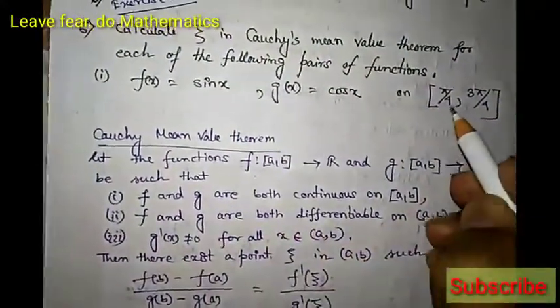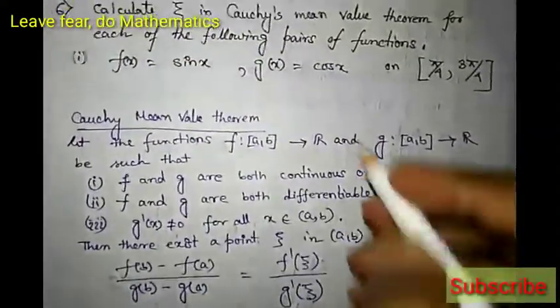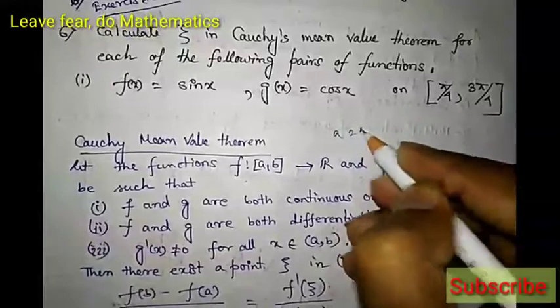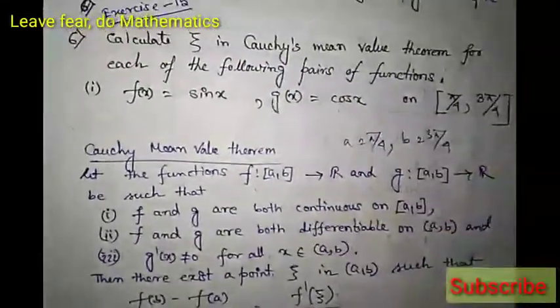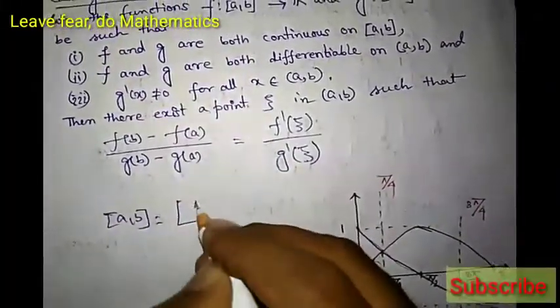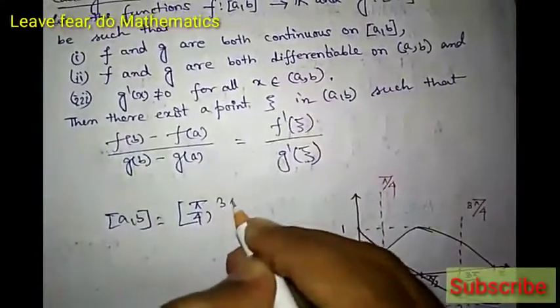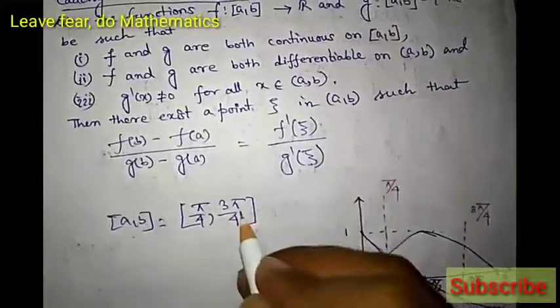Here the interval is [pi/4, 3pi/4]. So for our purpose, a is pi/4 and b is 3pi/4.